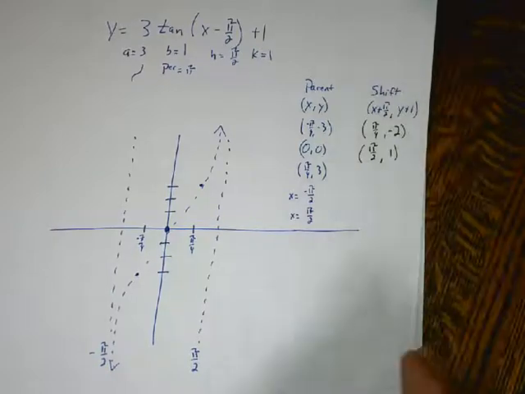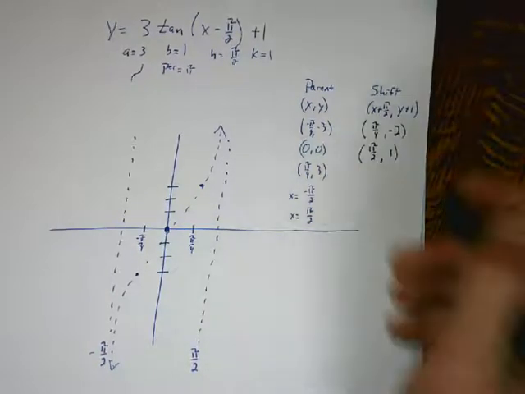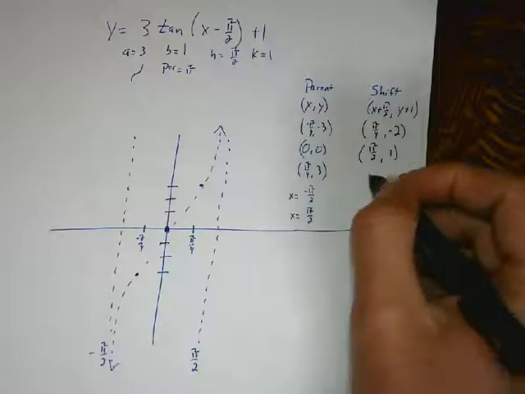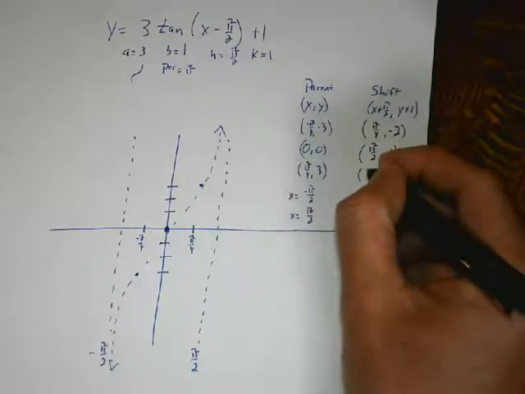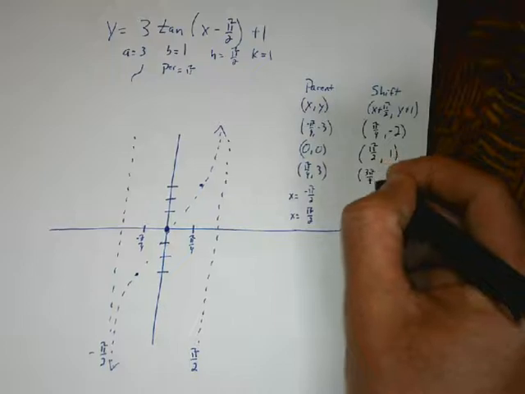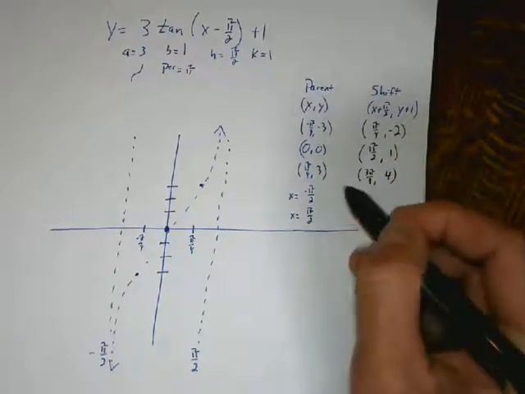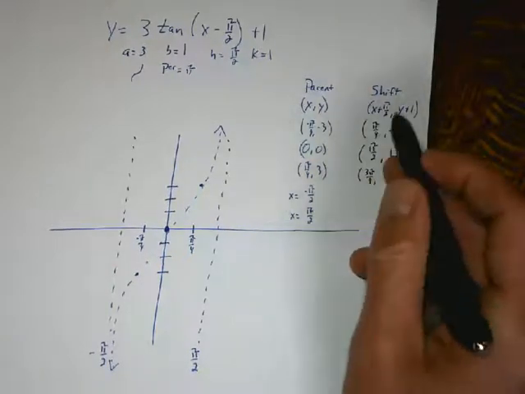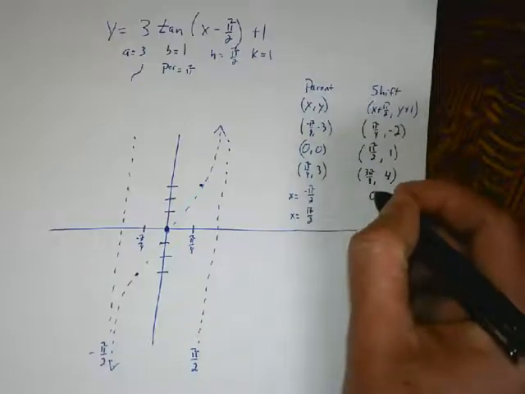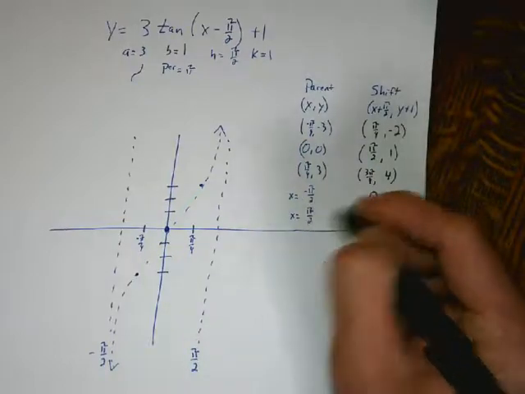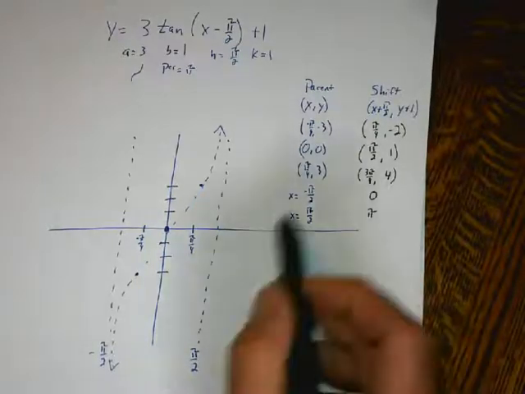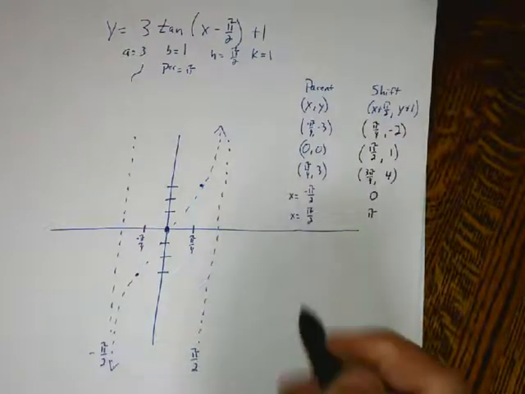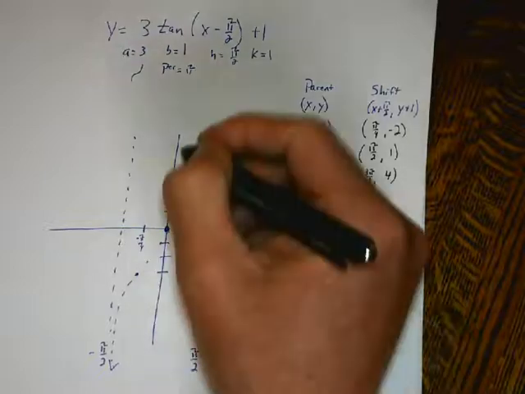Pi over 4, add that, we get 3 pi over 4 and a 4. And then our new asymptotes will be at 0 and will be at pi when I'm adding that to the x values here. So it's now our new asymptote.